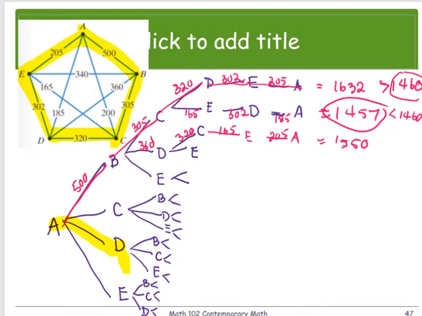A to D, D to B, and then B to C, and C to E, E to A. And this route is $1,220. So this is one of the best. That's less than $1,460.